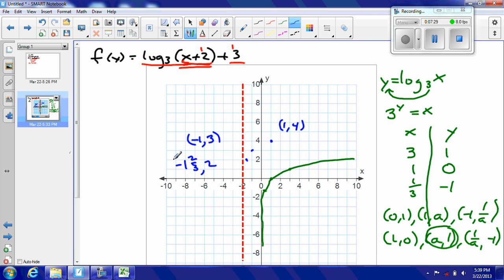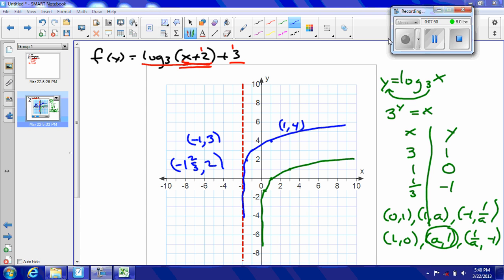So all my points have just shifted over, and now since I have a nice asymptote, I can make my logarithmic graph. I don't want to cut across that asymptote, I'm sorry. And it looks like that. So that is my transformed graph of this function.